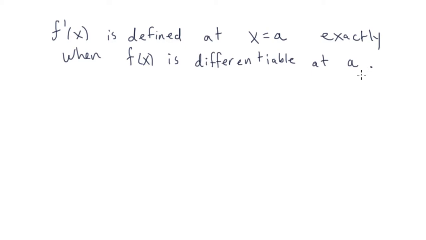Okay, so we have another way to just say the same thing. A function is differentiable, the derivative exists, f prime of x is defined at x equals a. Again, all of these things mean exactly the same thing.